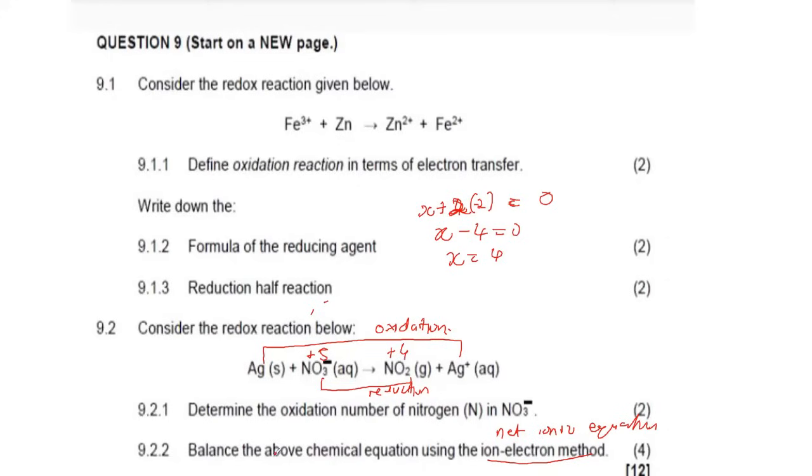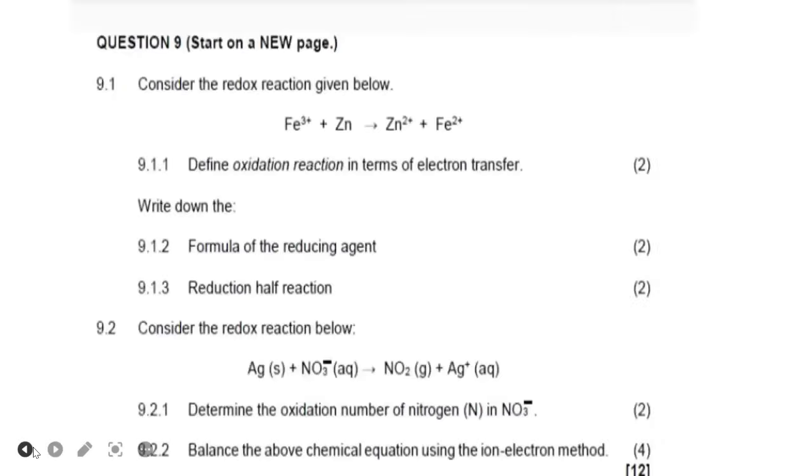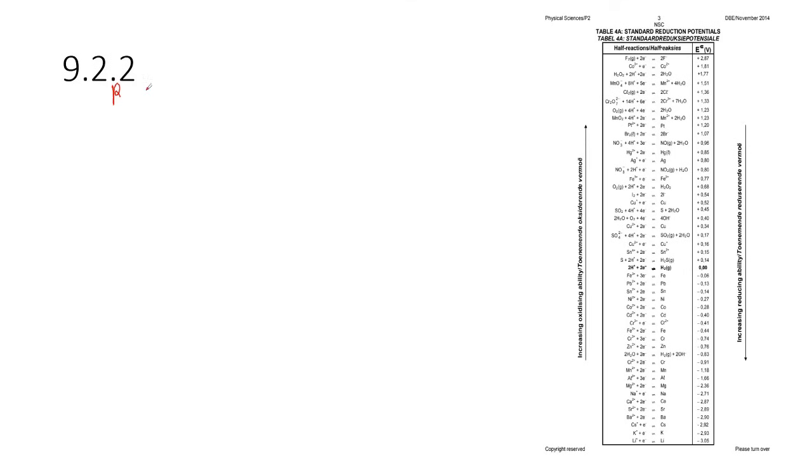Now let's balance the above chemical equation using the net ionic method. So let's start off with the reduction half. So we have this for the reduction half.